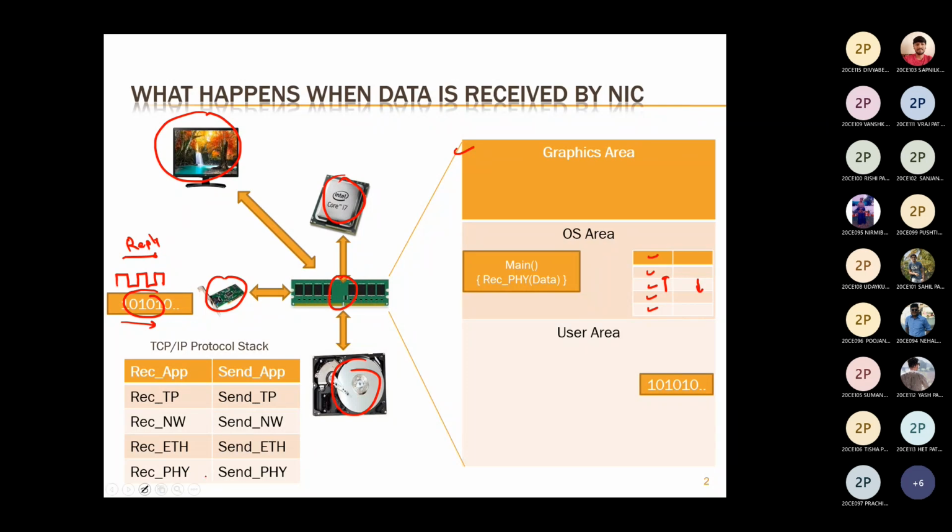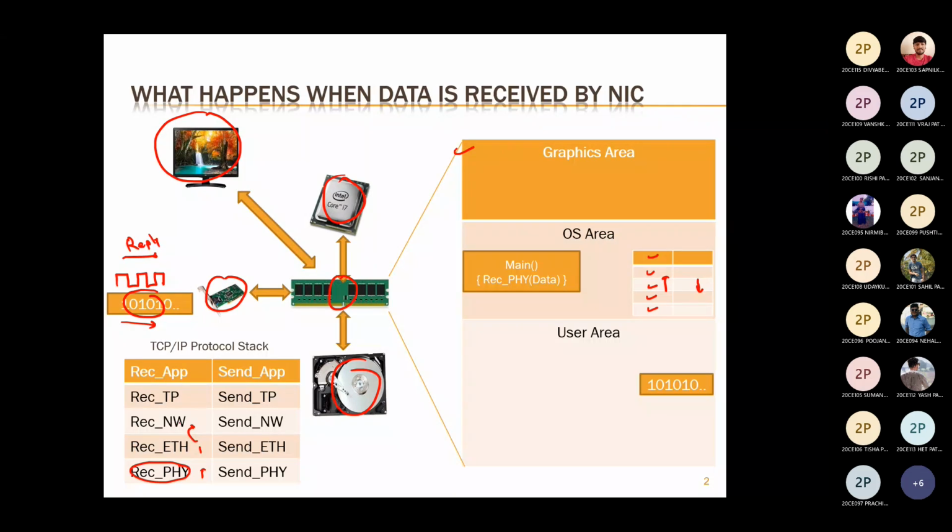When the packets are received, first the physical layer receives them in terms of electrical signals. They will be sent to the Ethernet layer. The Ethernet layer extracts information from the header part and verifies whether it belongs to itself or not. Then the data part will be given to the network layer. The network layer does the same thing.